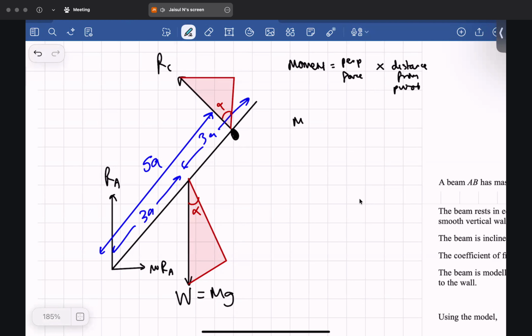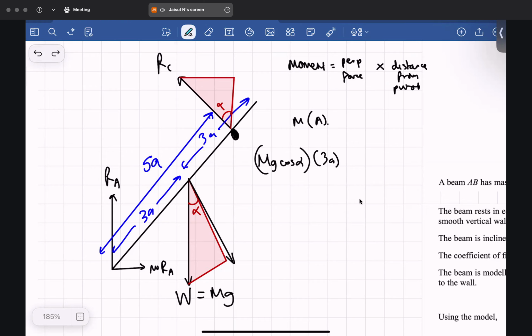We're doing moments around A. So I've got mg cos alpha times 3a. I'm doing this one, which is the perpendicular one. So that's mg cos alpha, and the distance from the pivot is 3a. That's going kind of clockwise.